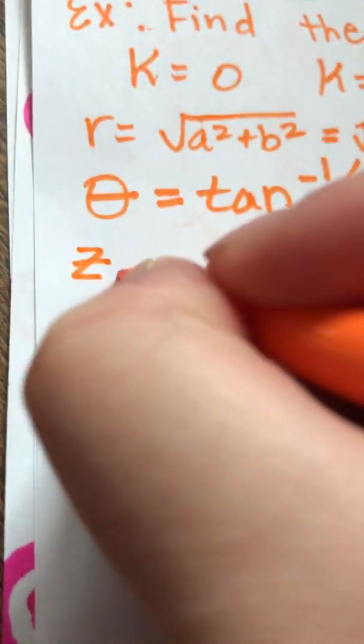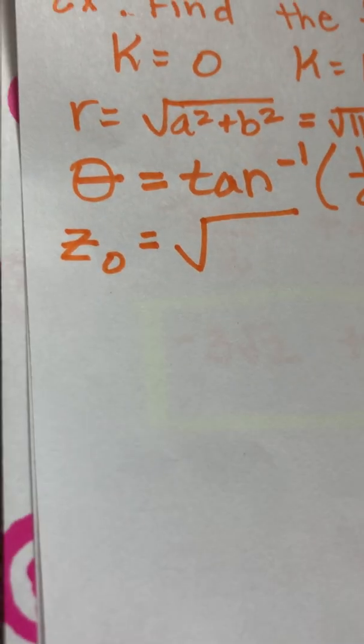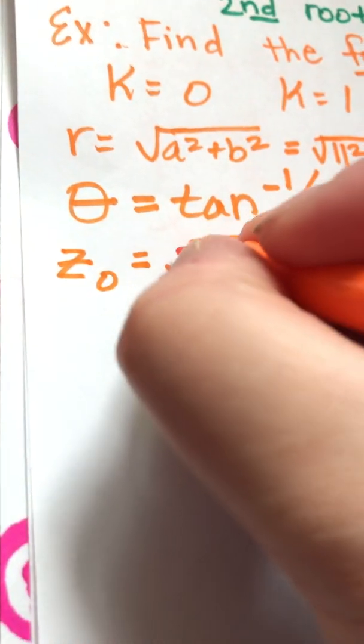So we're going to have z of 0 equals the nth root of r. So the n is 4.